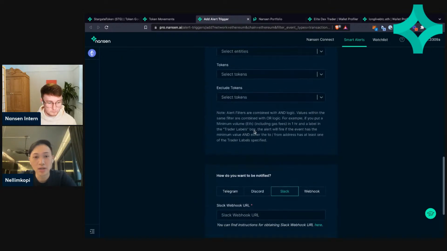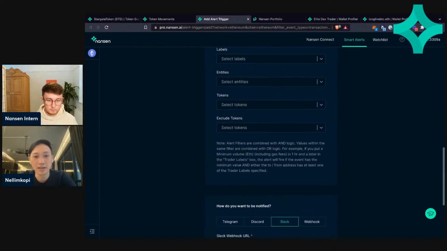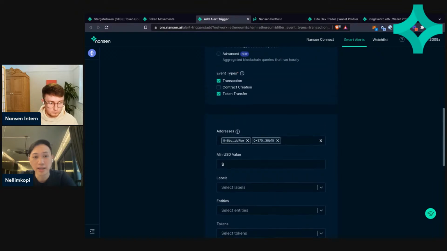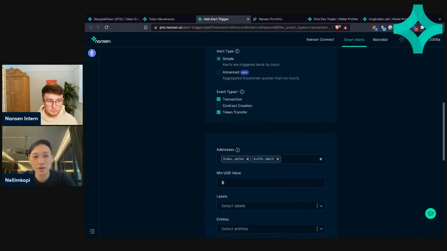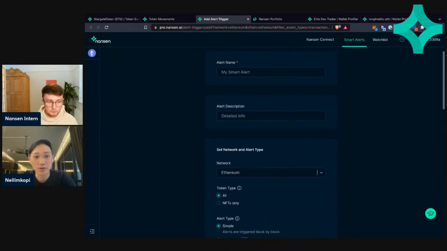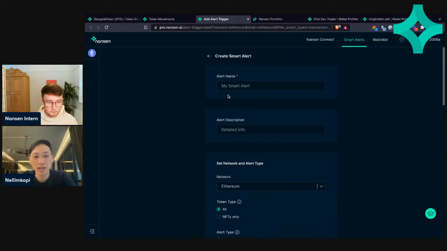notified. So one trick with setting smart alerts is to be as precise as possible. I've spoken to quite a lot of users that basically got overwhelmed by the number of notifications that they get. So what I recommend is to be as precise and as detailed as possible in terms of the alerts that you have.